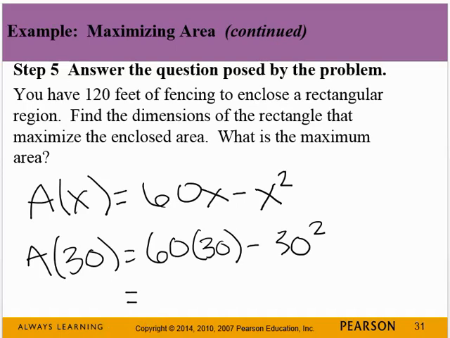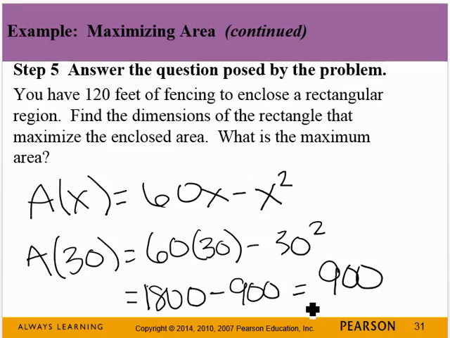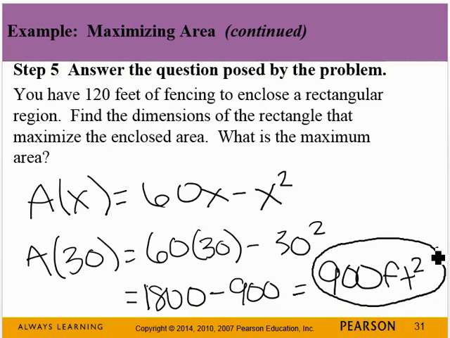So you want to solve 60 times 30, and then you need to solve 30 squared. So 60 times 30 is 1800 minus 900. So 900 feet squared is the largest area you can have.